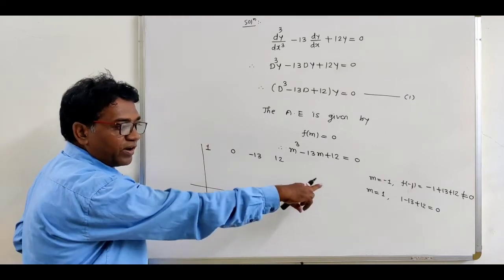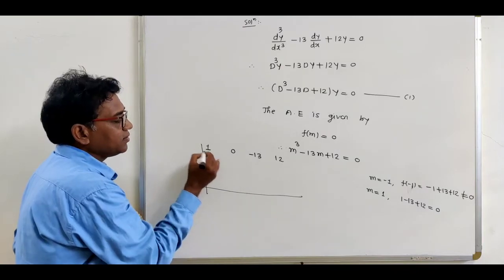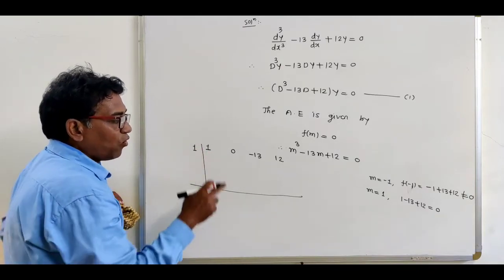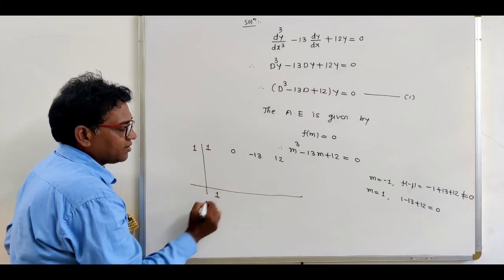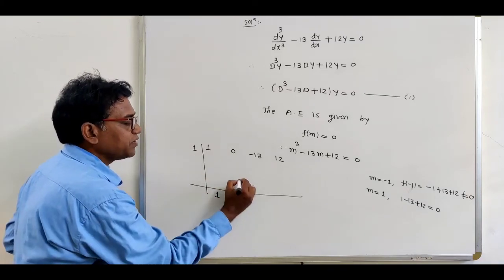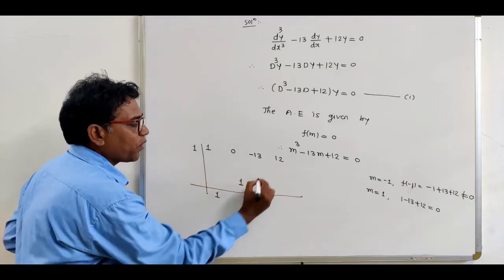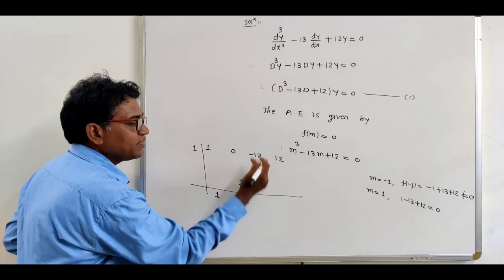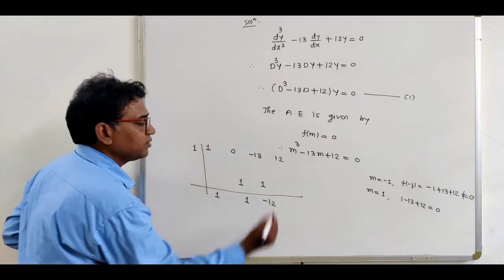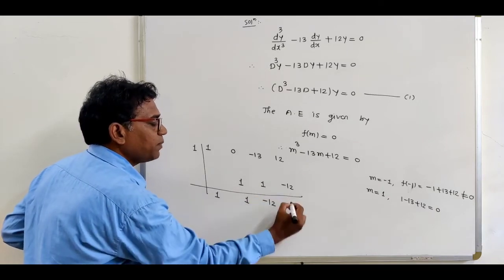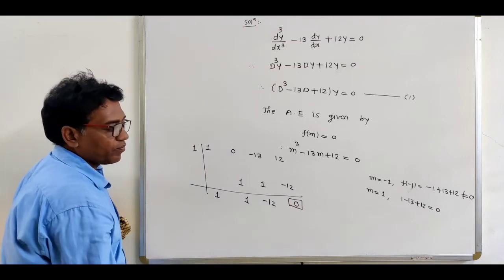Now we have already found one factor, m equal to 1, so write that factor here. What is the synthetic division method? Write this first element as it is, just find out this product which is 1. Take this addition, this is 1. Find out this product which is 1. Take this addition, minus 13 plus 1, that is minus 12. Find out this product, that is minus 12. 12 minus 12, so this last element should be a 0.